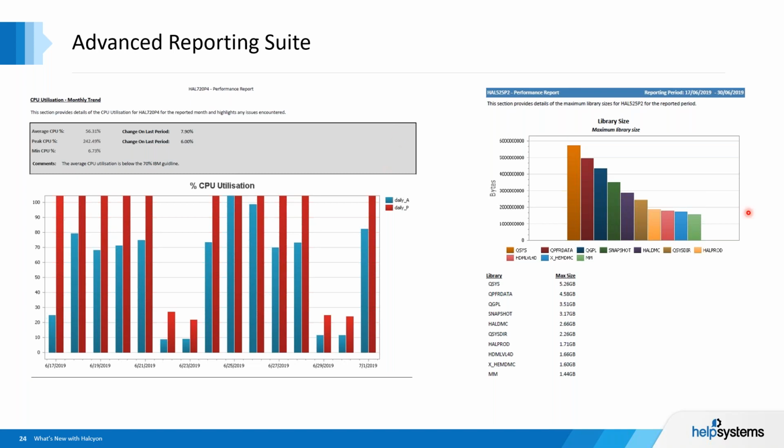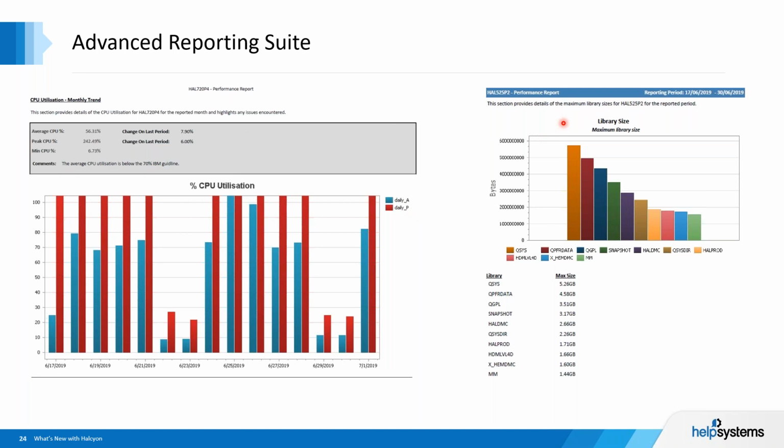Something else here, probably a little bit more familiar. IBM i type report, and again, this has come from the Advanced Reporting Suite. Again, this is a customer example. We split their days into AM and PM. This is what they wanted. So we can produce reports with summaries at the start.